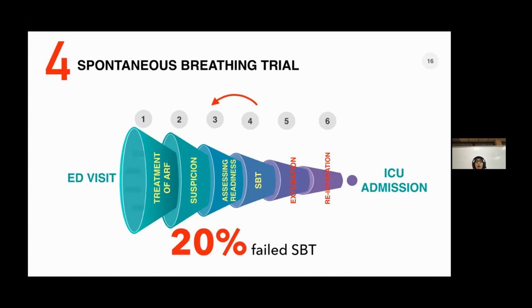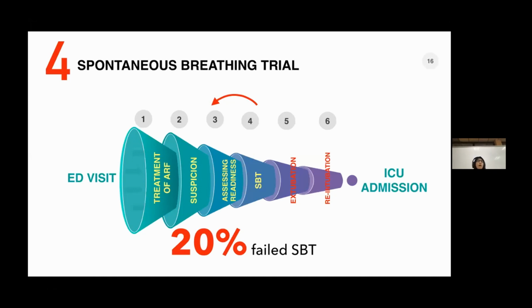While you are doing the spontaneous breathing trial, 20% of patients will fail this phase, right? In other words, out of 10 patients that you perform SBT on, 2 of them will fail SBT.